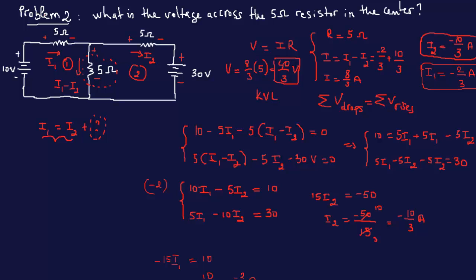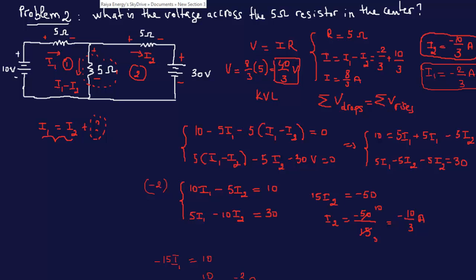The current going through the 5 ohm here is I1 minus I2. So once we know what I1 is and what I2 is, we just subtract them, find I, and go back to our original equation and put it there. So that's the final answer, 40/3. And you can peer check me too, and if you don't have the same answer, you can put it in the comment section and let me know.